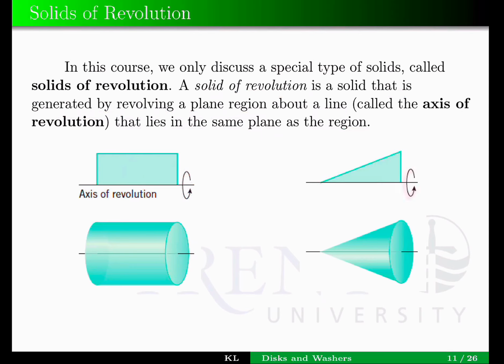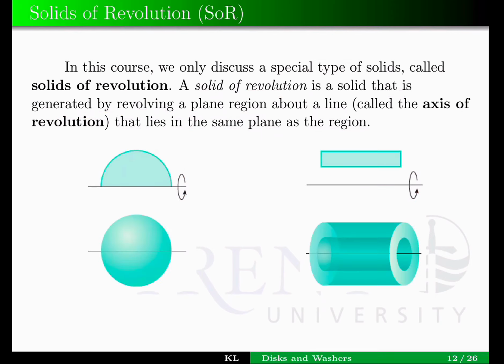If you revolve it, of course, you got the point here. It won't revolve. But all the other points will generate the solid. And here you will see a circular cone. If we have this semicircle, all the points here after revolving will be able to create this sphere.